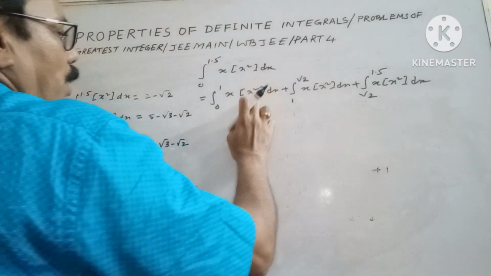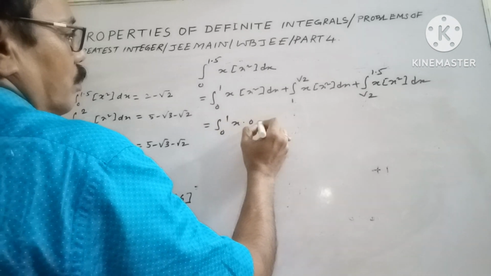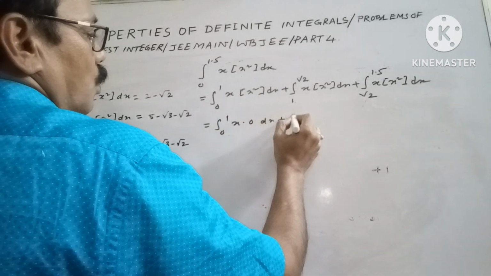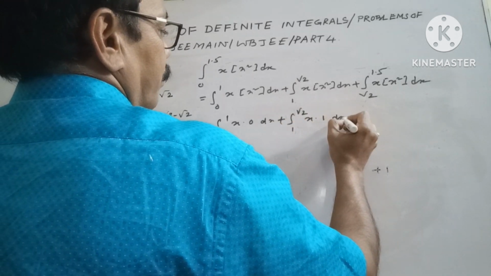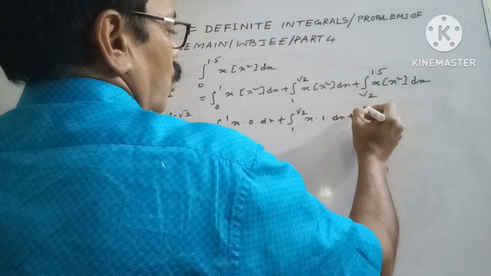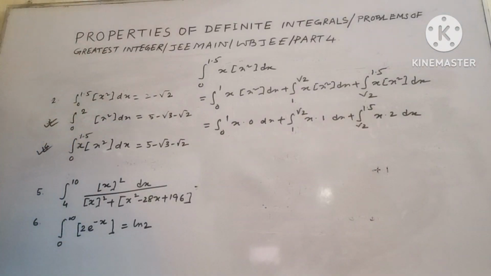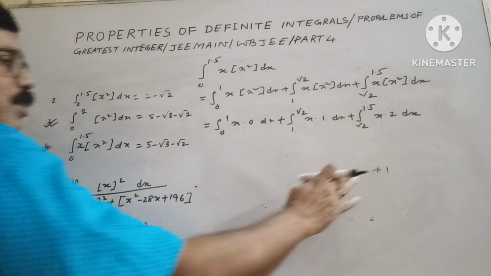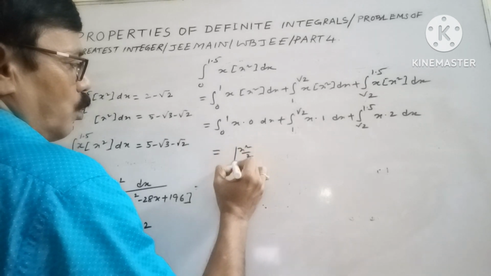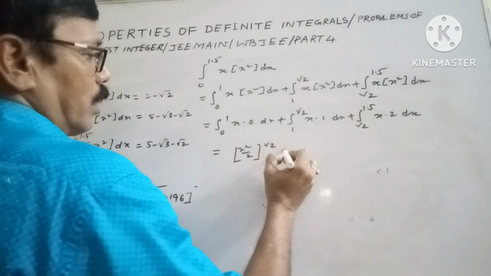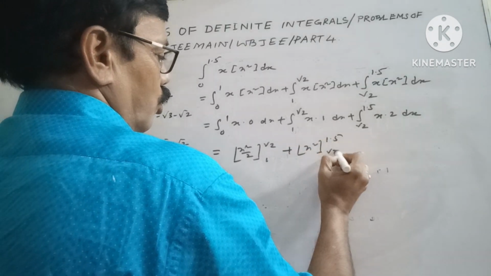Now, put the value of third bracket x square. 0 to 1 x into 0. 1 to root 2 x into 1. Root 2 to 1.5 x into 2 dx. So, first one is 0, second one is x square by 2, root 2 to 1. This is x square, 1.5.